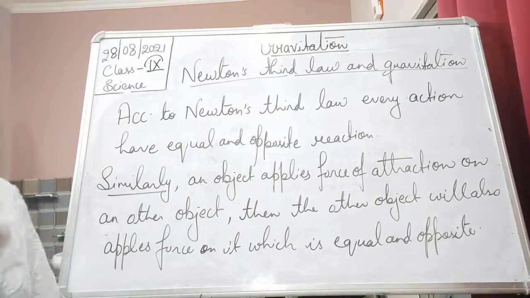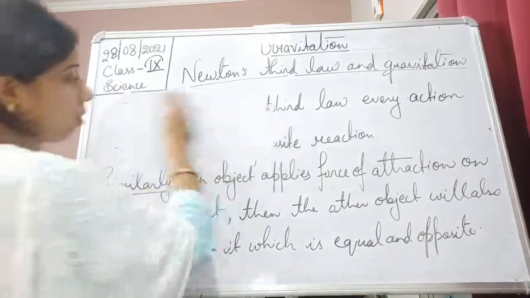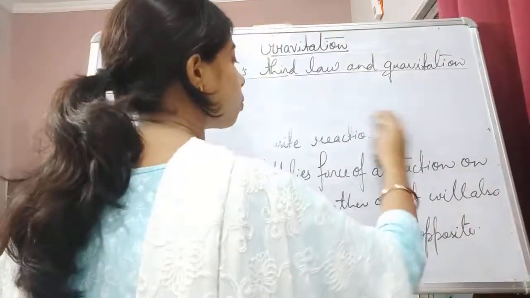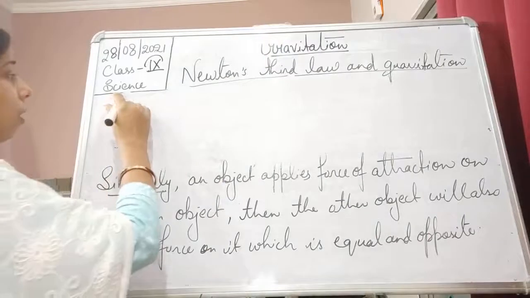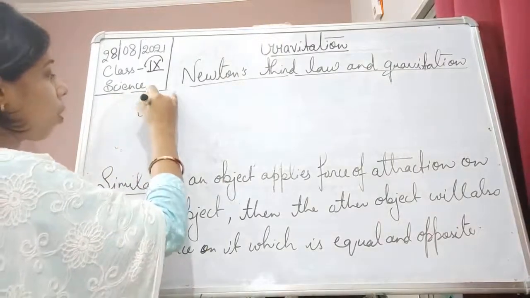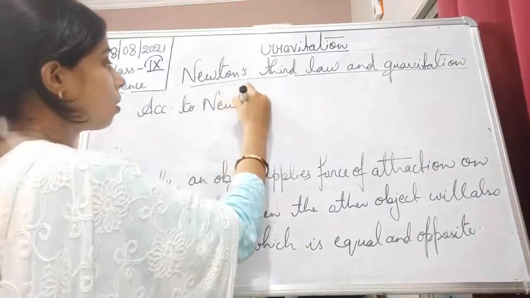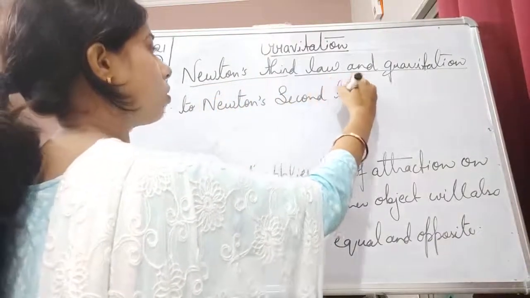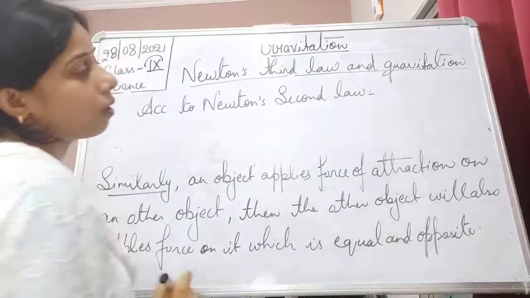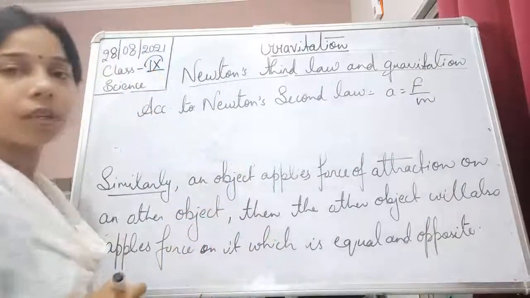So the question is, then why is a stone not moving towards it? Here, according to Newton's second law, acceleration is equal to F by m, right?